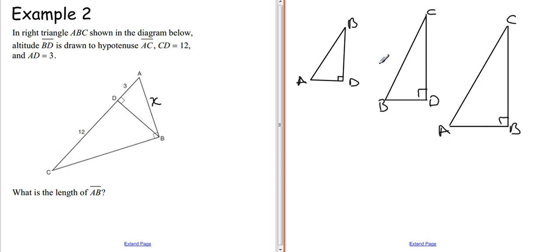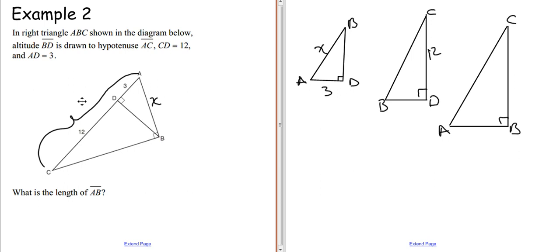So it says CD is 12, AD is 3, AB is X. And I also know AC, the whole thing, AC is 15.